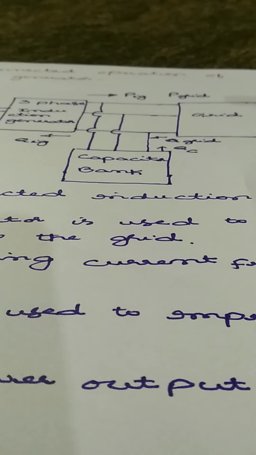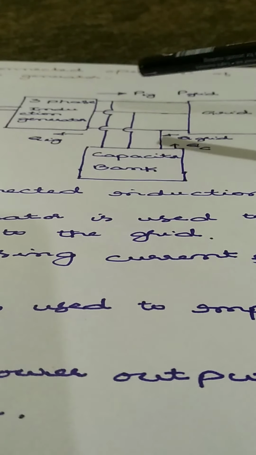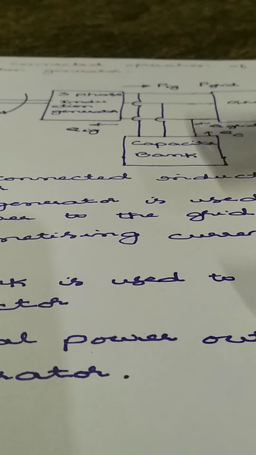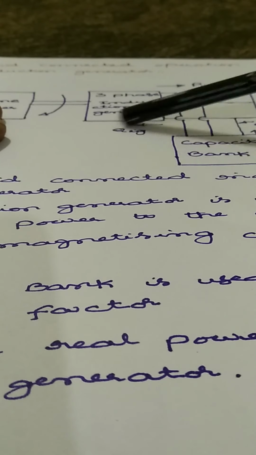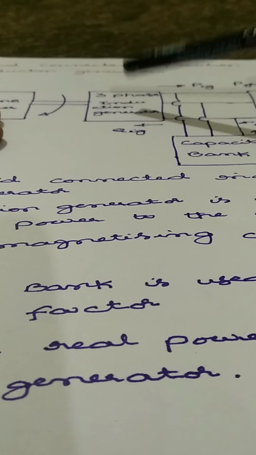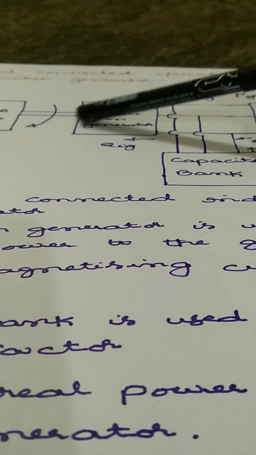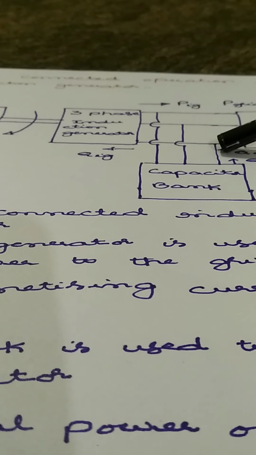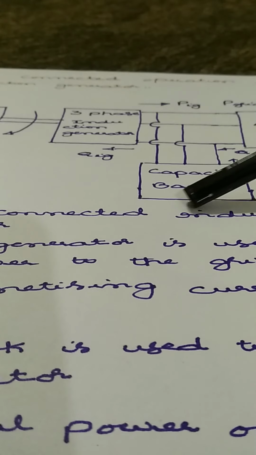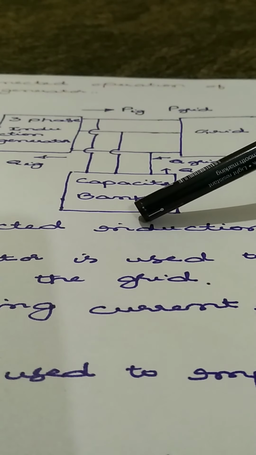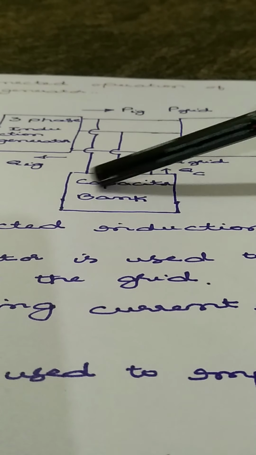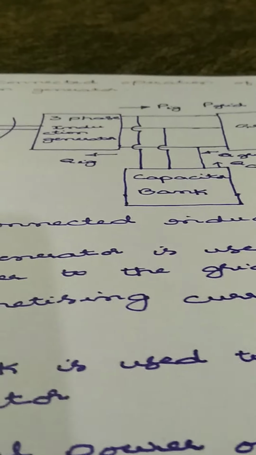Then Q_IG is the reactive power absorbed by the induction generator for magnetization purposes, and Q_grid is the reactive power supplied from the grid. And Q_C is the reactive power supplied to the grid from the capacitor bank. The capacitor bank is used to improve the power factor.